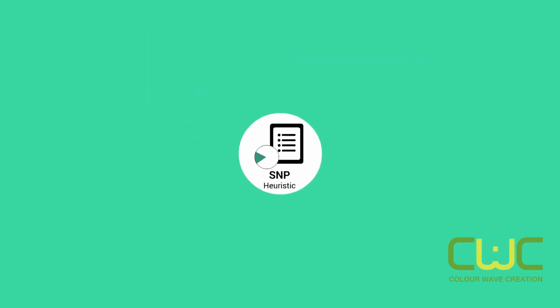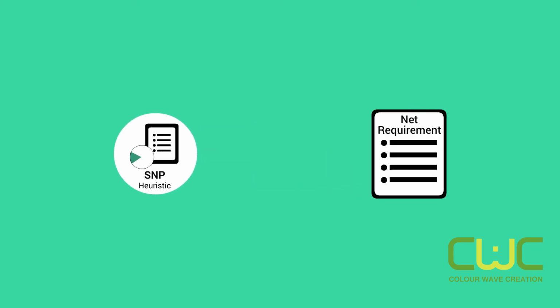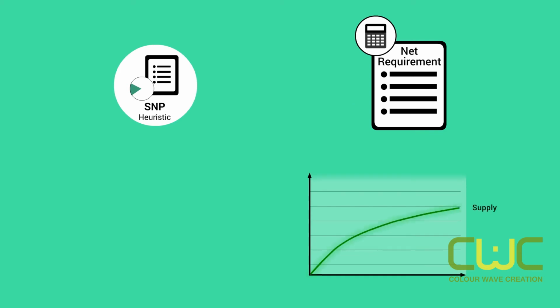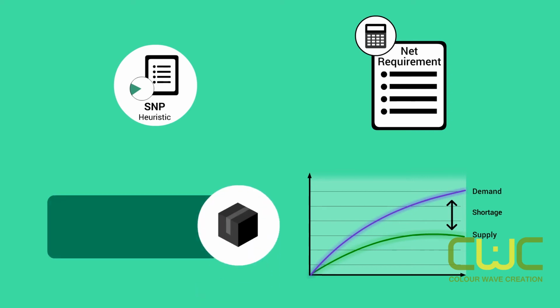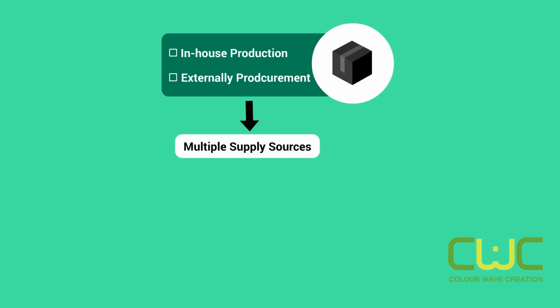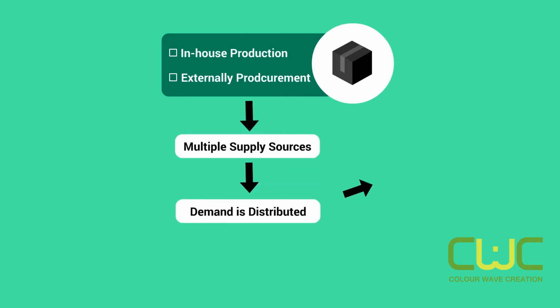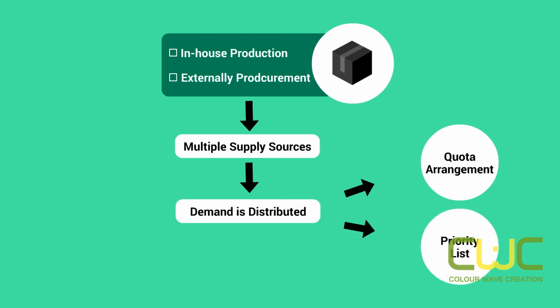SNP Heuristics Process Execution calculates the net requirement calculation to offset any available on-hand supply with the required demand. During a shortage, the system checks if the products are produced in-house or procured externally. If multiple sources of supply exist, demand is distributed based on quota arrangement, priorities, and so on.